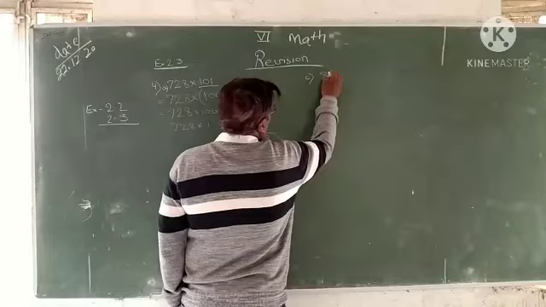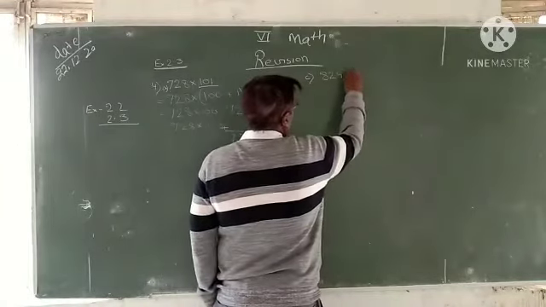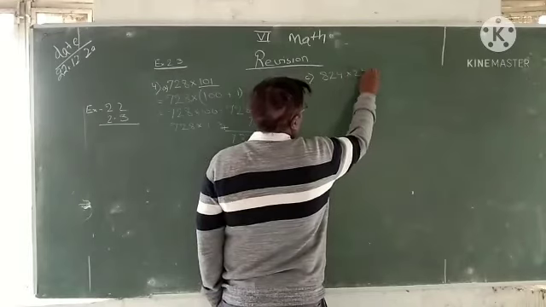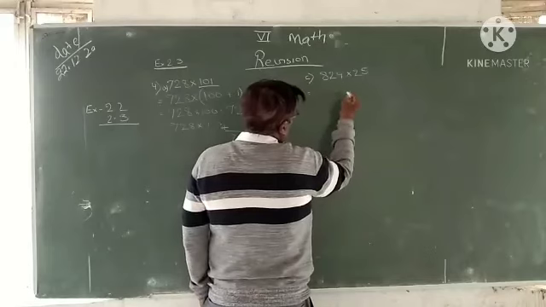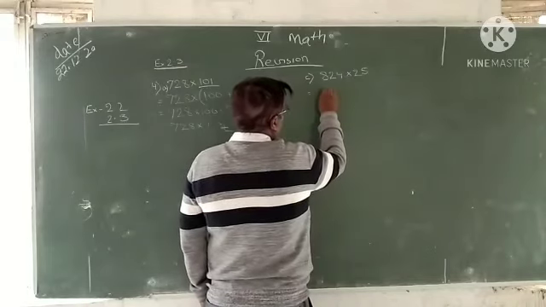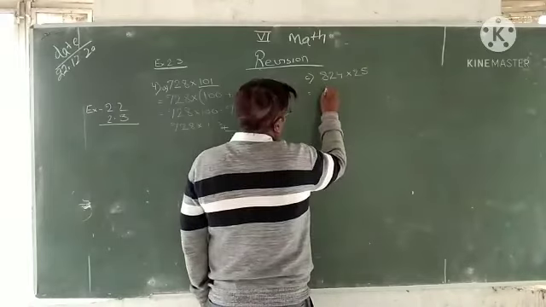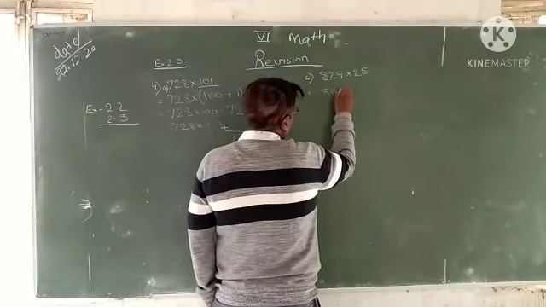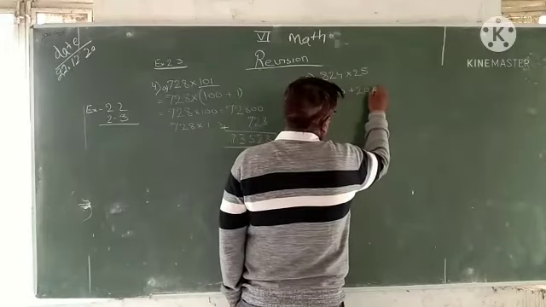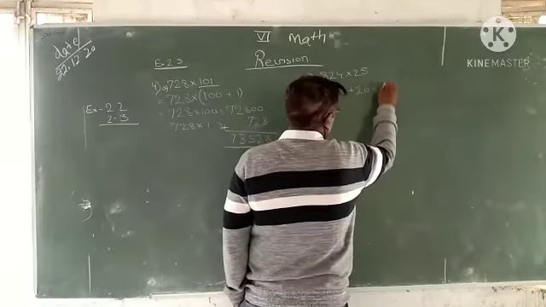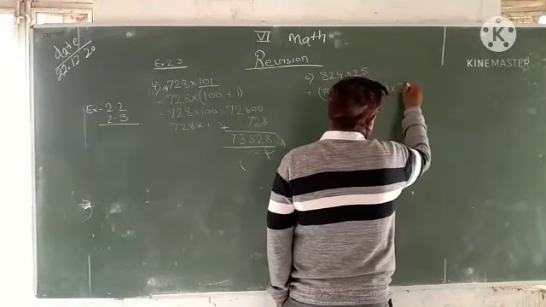It's 824 into 25. So how to break? We can break this sum into parts. We can break 824 into 800 plus 20 plus 4, multiplied by 25.